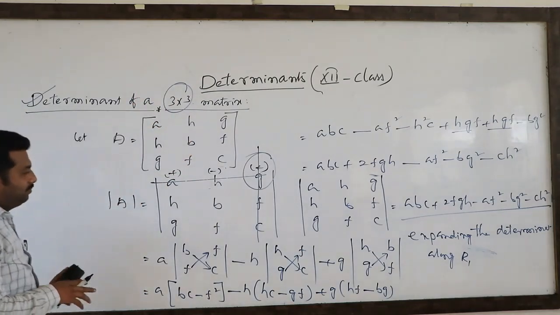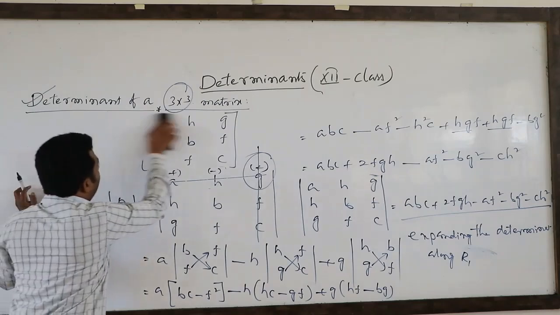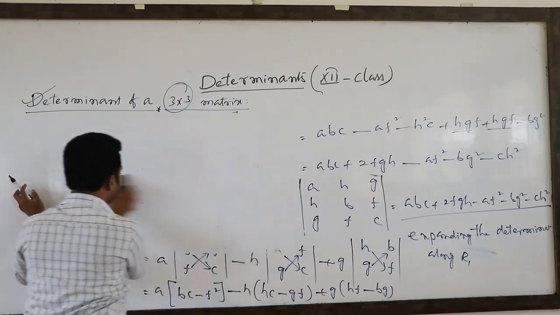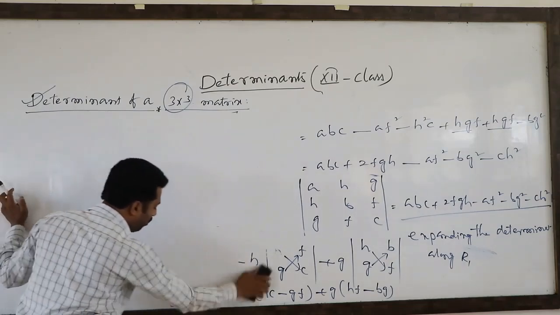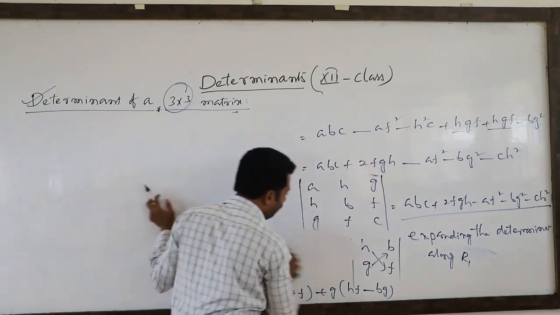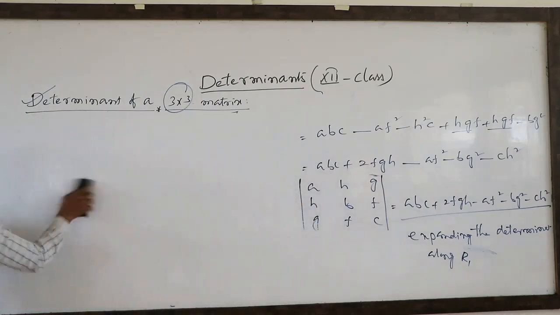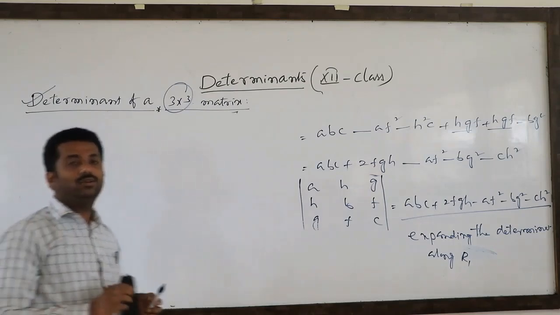So this is what we solved along the first row. Now the same problem along the second row. If I take it, whether we will get the same answer or not, you have to see. So this is the most important concept. If you know this determinant expansion, whatever determinant problems you can easily solve.